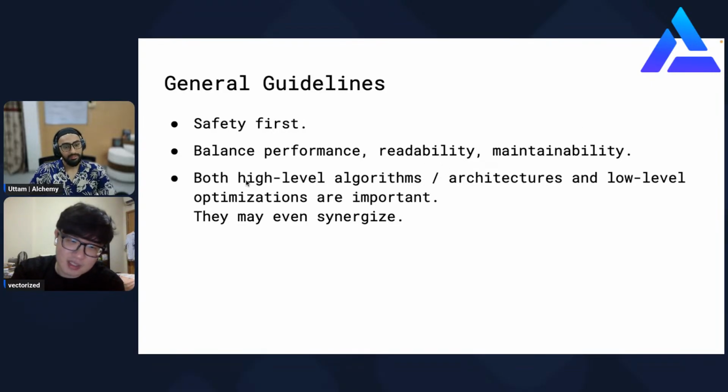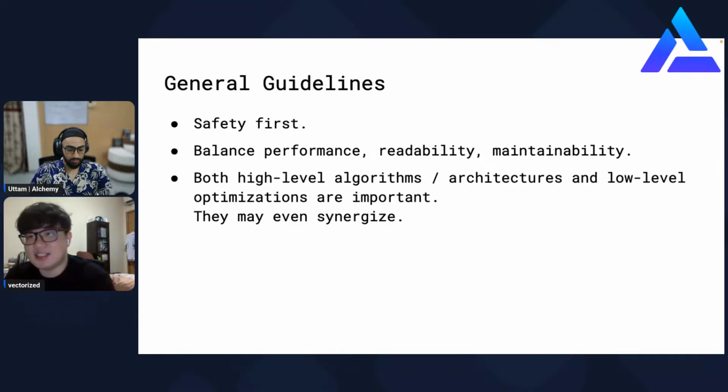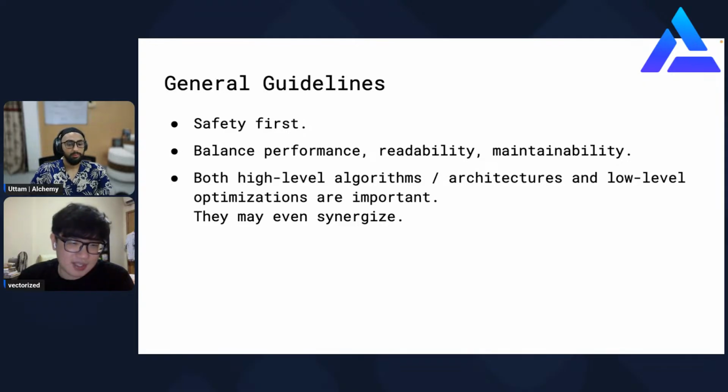And I won't say whether high level is more important than low level, because sometimes you need to know what is in the low level so that you can architect your high level such that they can synergize with each other. But yeah, say you're self-taught, you didn't go through some kind of intro to algorithms class, you might want to go through one like MIT OCW 6006.